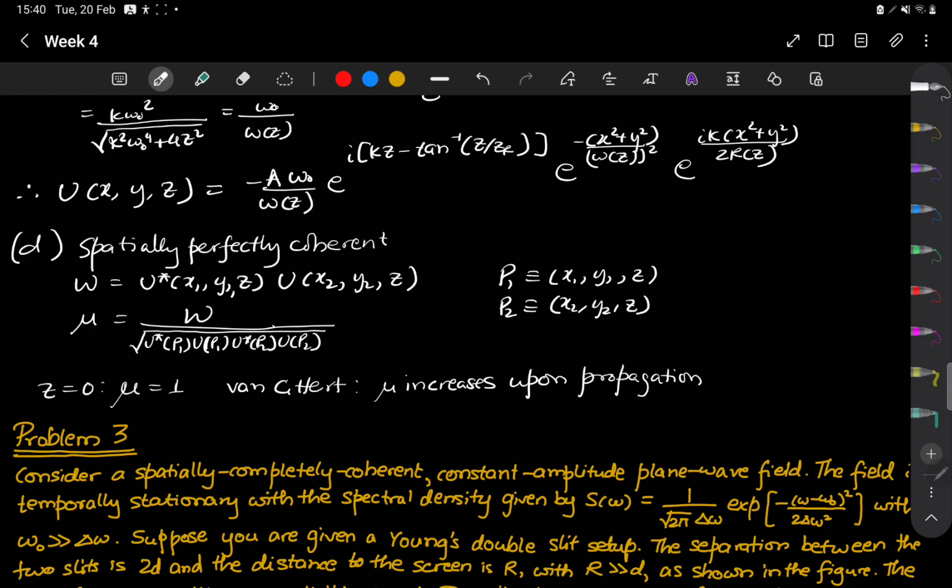So from these two, you can directly say that the field will remain spatially perfectly coherent even after propagation.